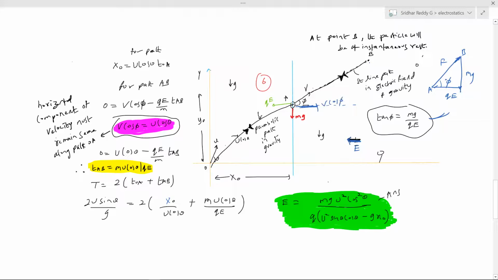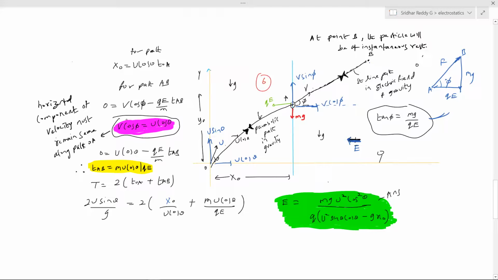This V cos phi, due to electrostatic retardation, QE by m TAB. And what is this V cos phi? This V cos phi should be equal to U cos theta.